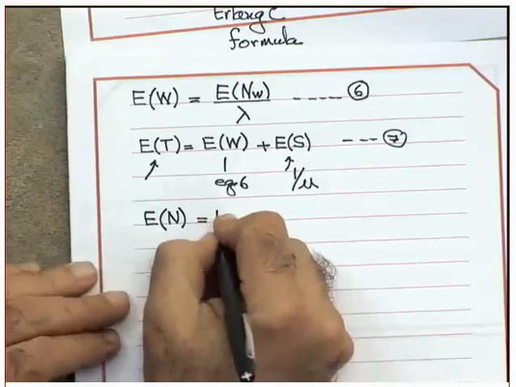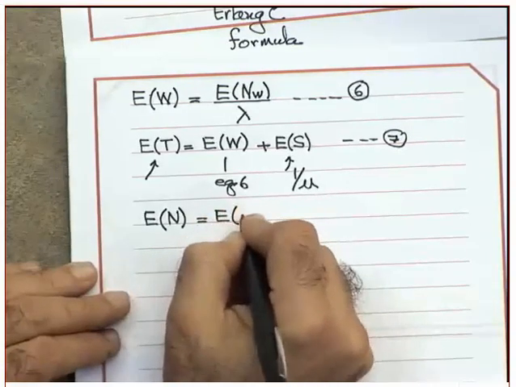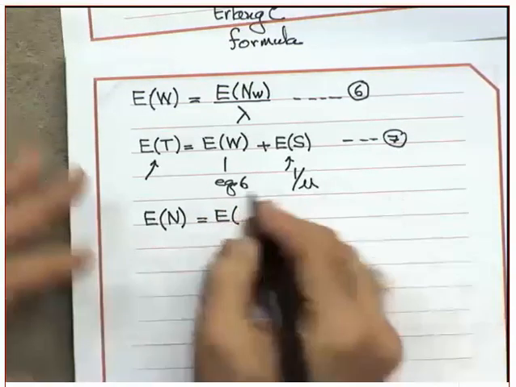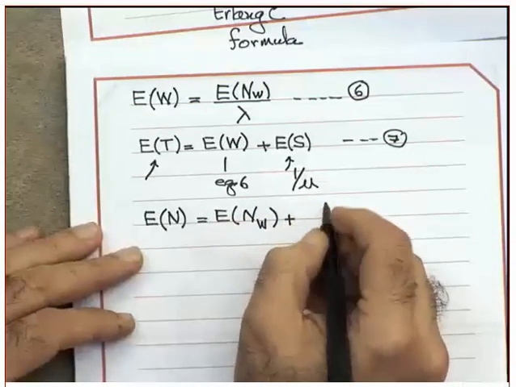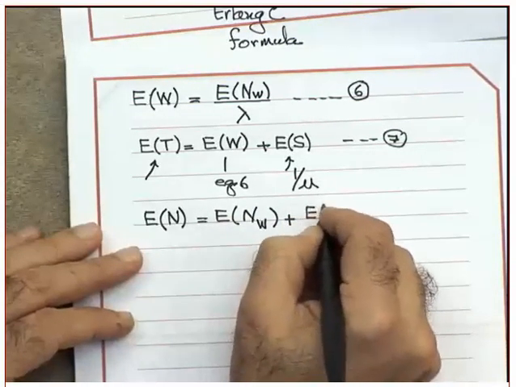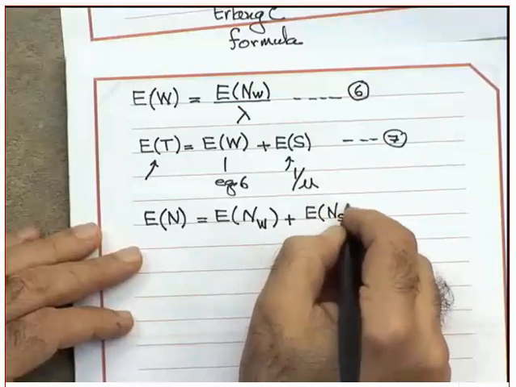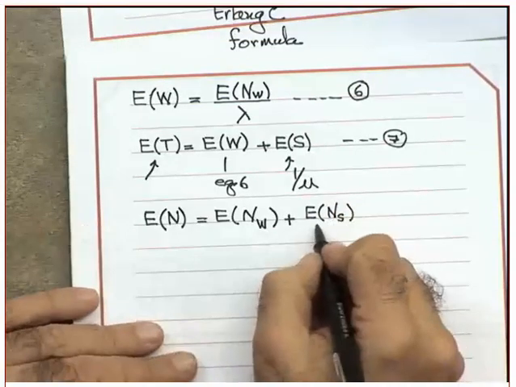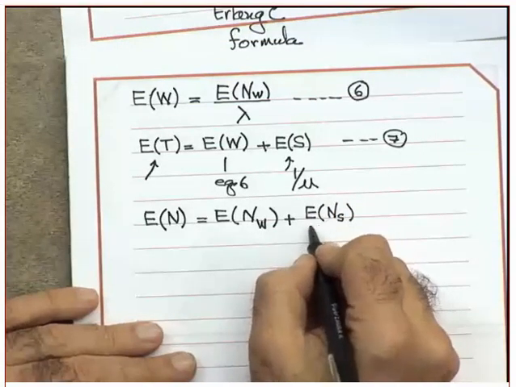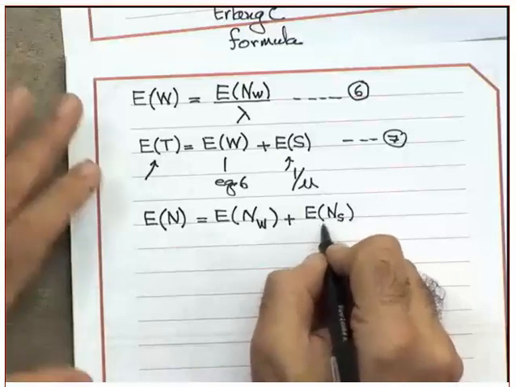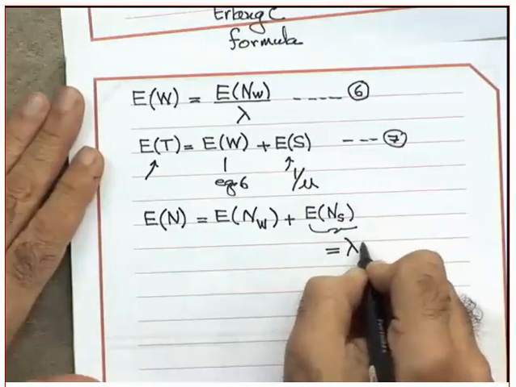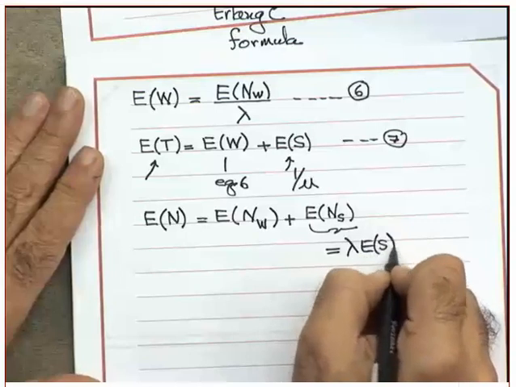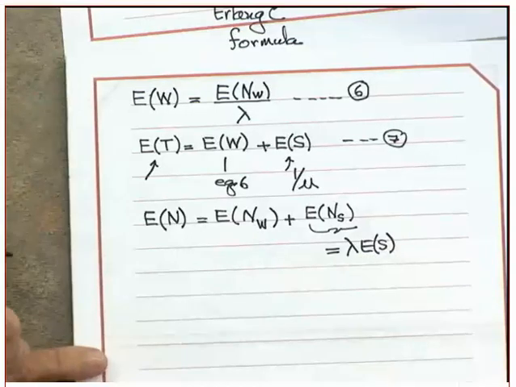Which is E of NW plus what? What is E of NS? That's equal to lambda times E of S. Clear?